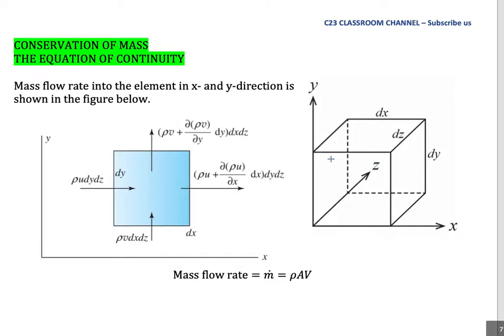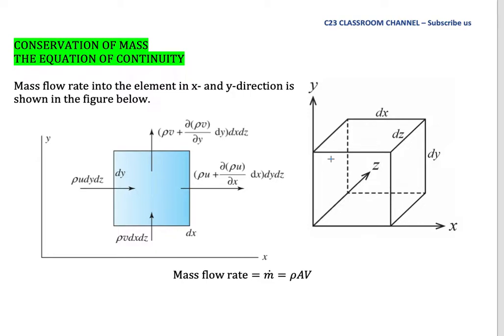Okay, so we go for the conservation of mass, the equation of continuity. I think this is very simple. You know that from the basic physics law, mass cannot be created. It is constant. Maybe the shape of the mass is quite different.